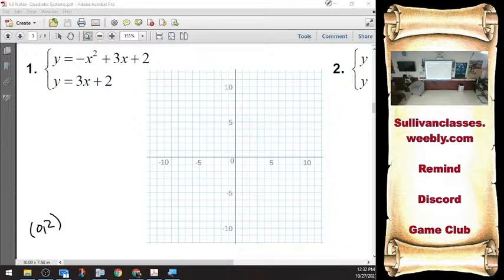Okay, hash it out with your neighbors, especially if you're a little fuzzy on the whole quadratic business.